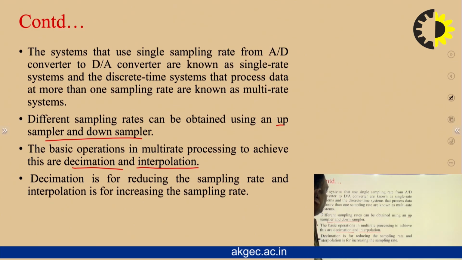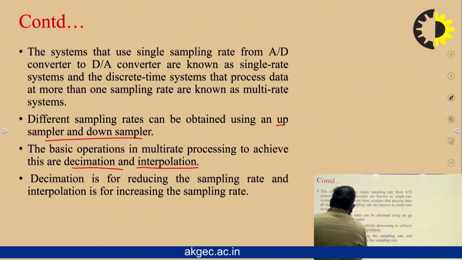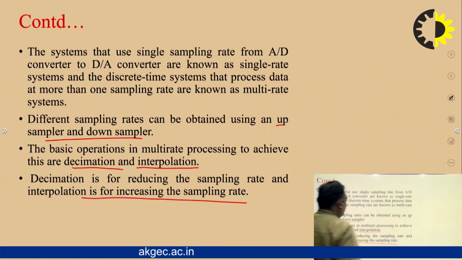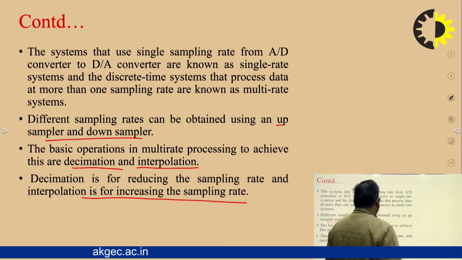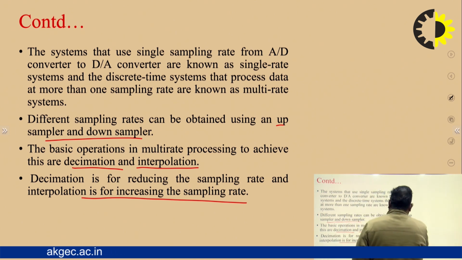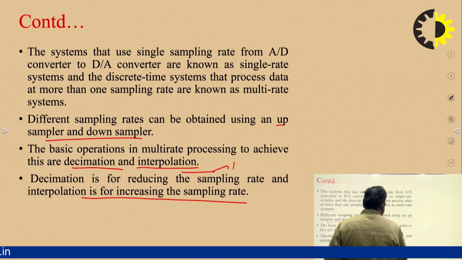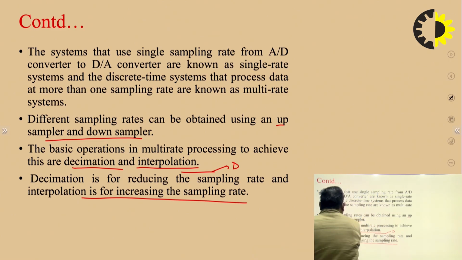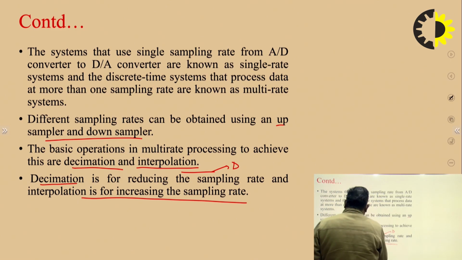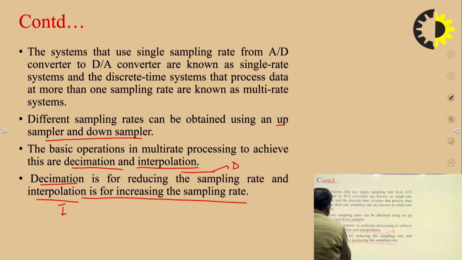The decimation factor is denoted by D and the interpolation factor is denoted by I. Otherwise, there are some conventions also, like M is also used for this.